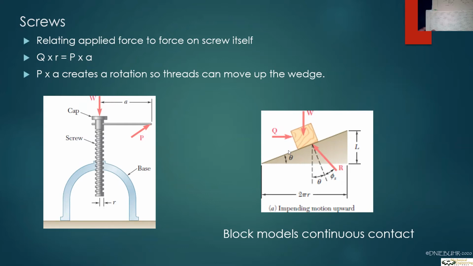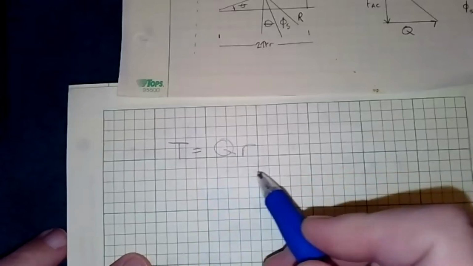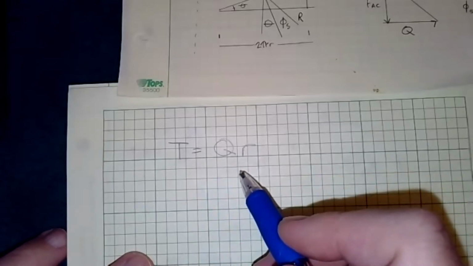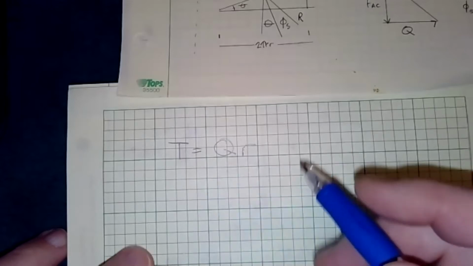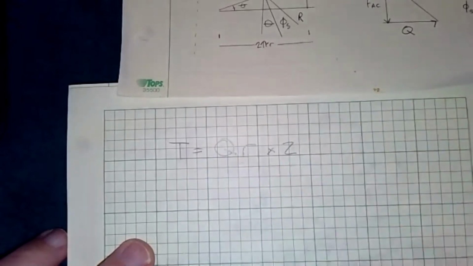Q times the radius is the same as this force times distance, and this force times distance is the torque. So that's where I get T equals QR. Now, the thing is we have two screws, one on each end, so we have to account for that, times 2.